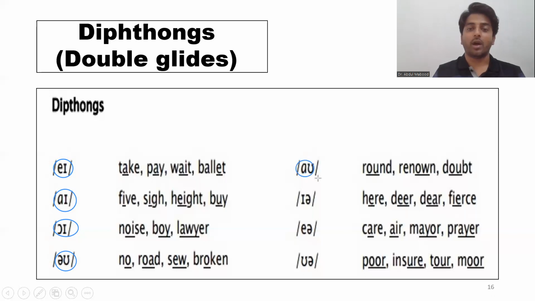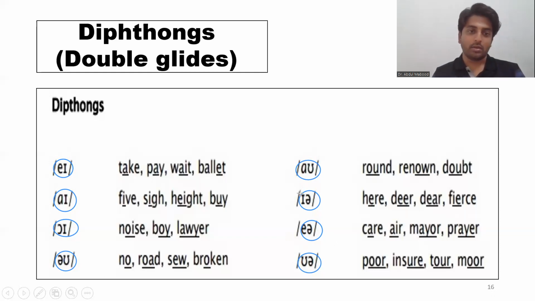Next we have the ow sound: round, noun, doubt. Then the ear sound: hear, dear, fears. Then the air sound: care, air, mare, prayer. Then the oor sound: poor, ensure, tour, more.